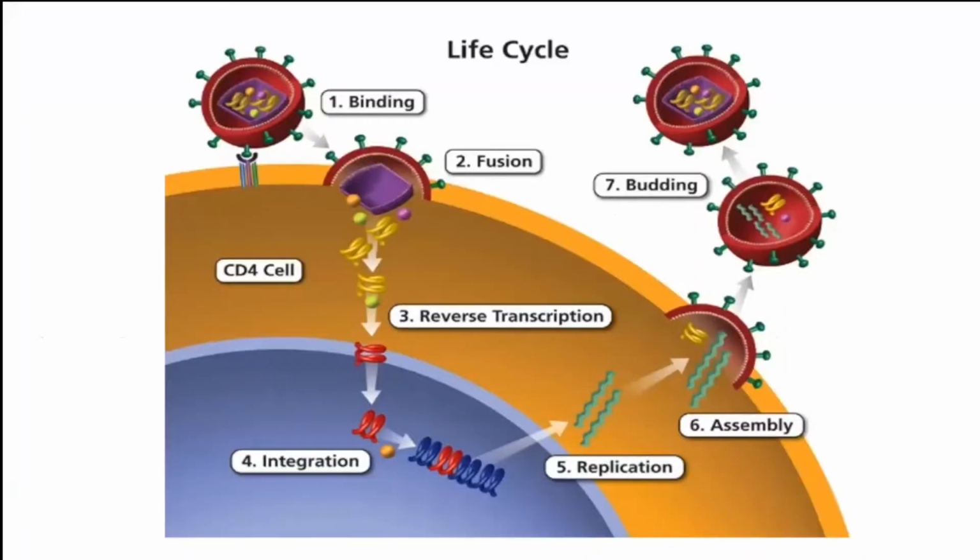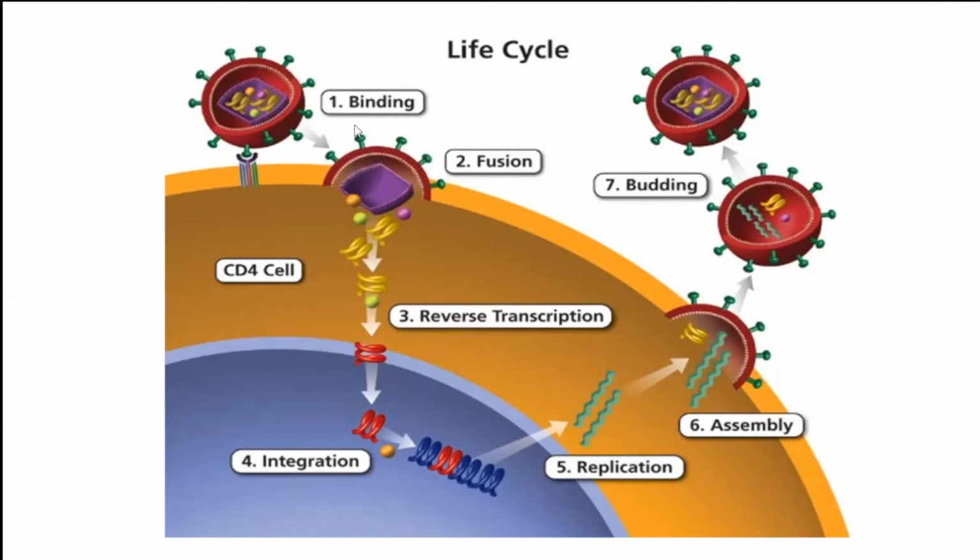So we're going to talk a little bit first about the science of HIV. We already have touched upon some of this, but to do with how it replicates, which will be important later when we discuss some of the ethical issues surrounding it. So this diagram summarizes the process by which HIV infects cells and is able to replicate itself.